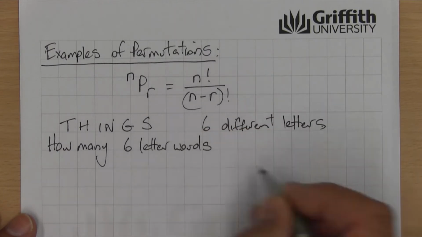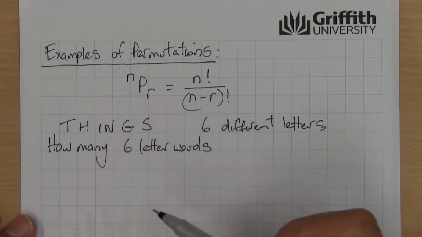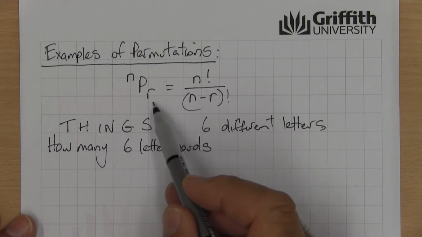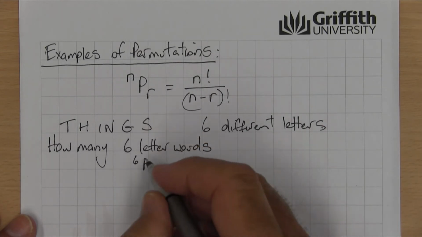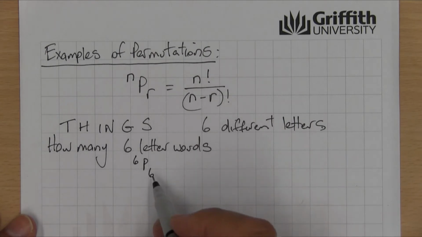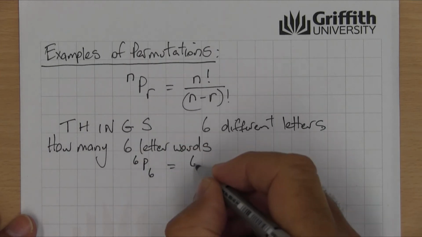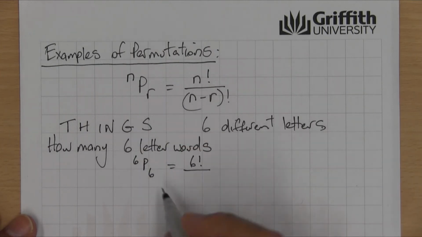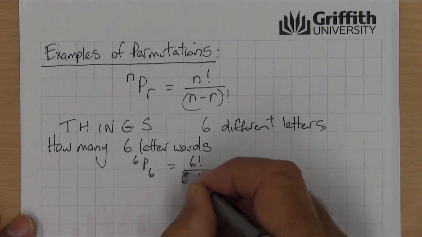Now what that is asking us to do is how many ways can we choose 6 from these 6? If we use the rule for nPr, we've got 6P6, so we want to choose 6 from 6, and order is important. So my n is 6, so it'll be 6 factorial over (6 minus 6) factorial.